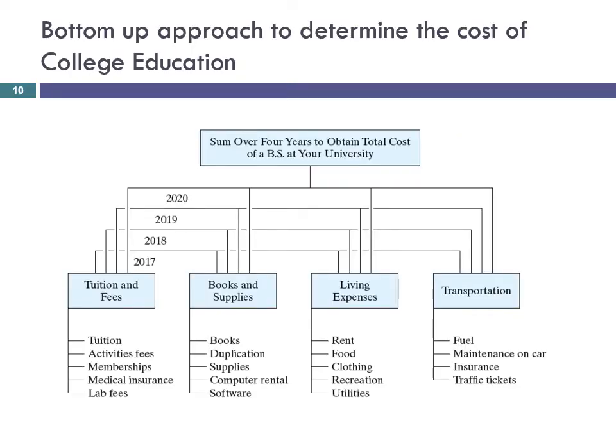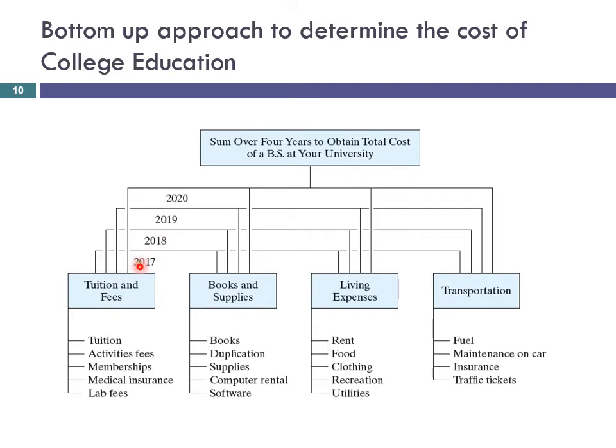In the bottom-up approach, as we explained, we first need to break down all the anticipated expenses into smaller typical categories, as we did here. Okay, now what? We can divide the costs as being costs in each year, 2017, 18, 19, and 20. So this is a breakdown through the years.